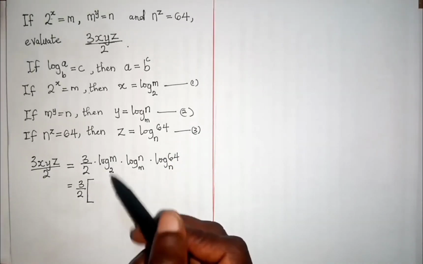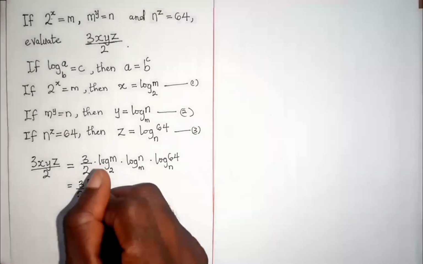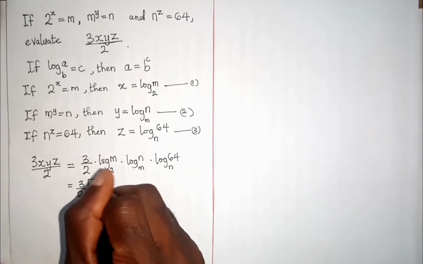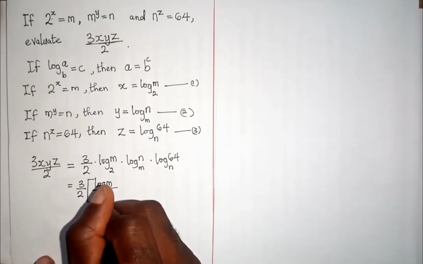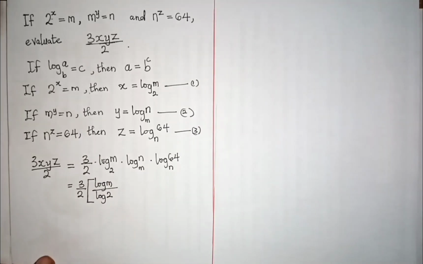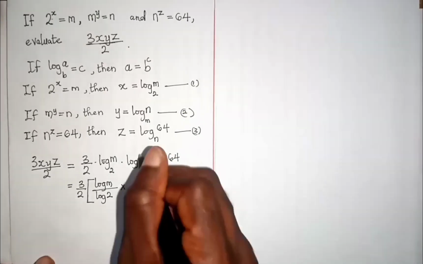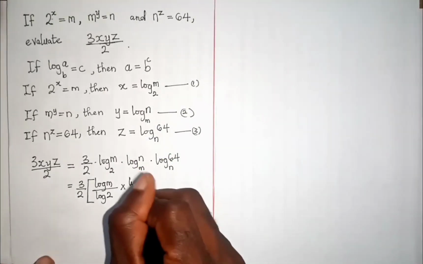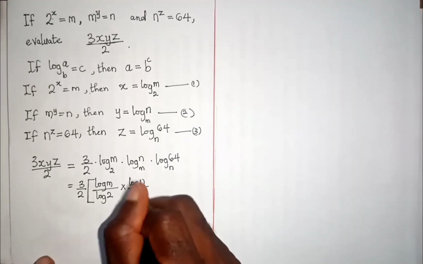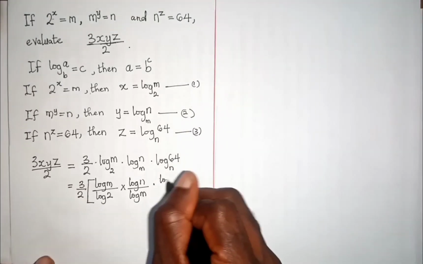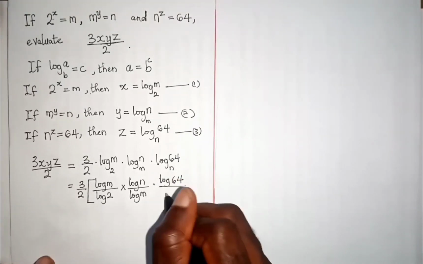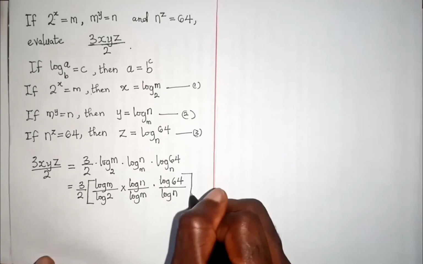This log m to base 2, from the change of base law, we can express as log m over log 2, where the base could be 10 or natural logarithm. Multiplying this, log n to base m can be written as log n over log m, while log 64 to base n is written as log 64 divided by log n.